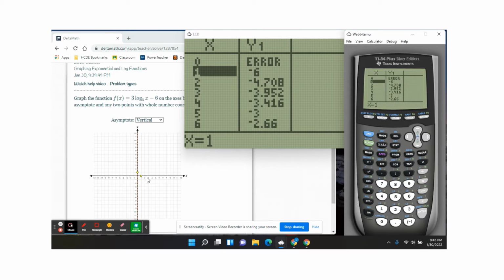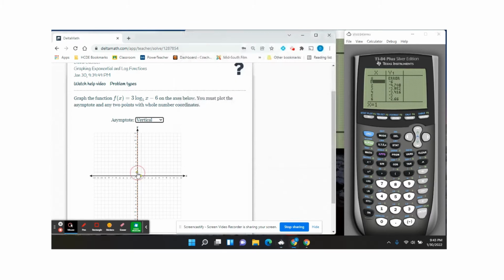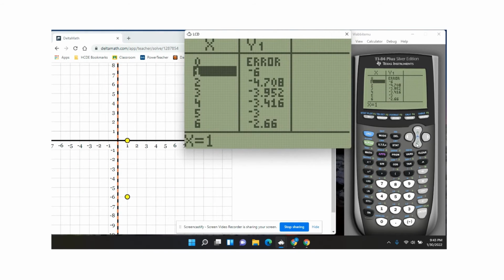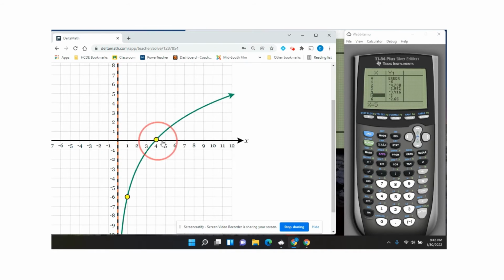Like (1, -6) is clearly very easy to graph. So I'm going to plot 1 point at (1, -6) right there. Zoom in and help yourself out a little bit. And then as I look through the table, I can also see that there is another clear point at (5, -3). So I'm just going to pull my cursor right there to (5, -3).